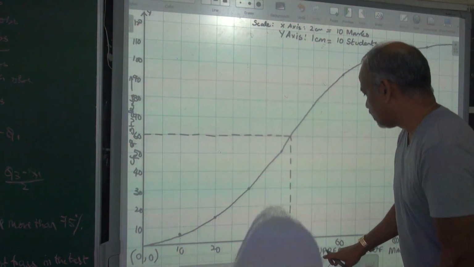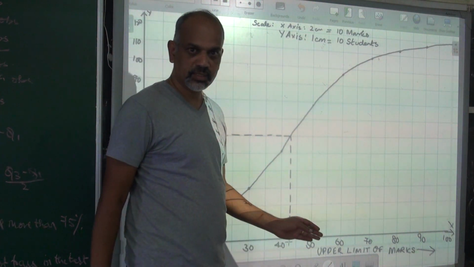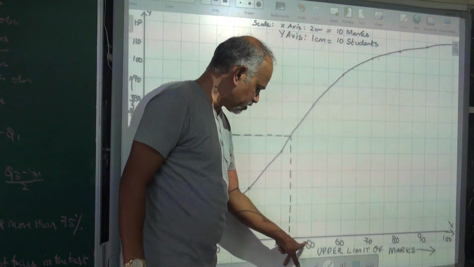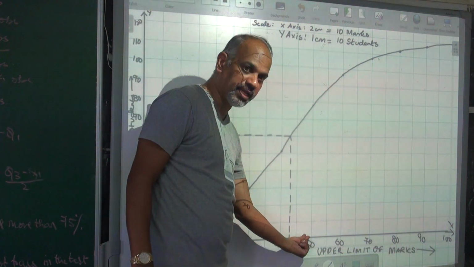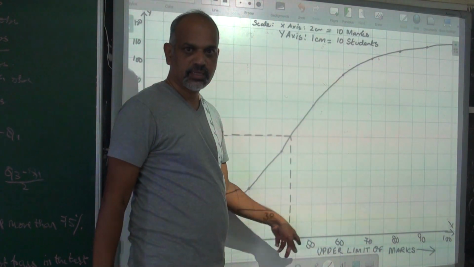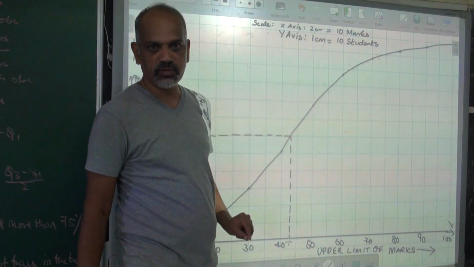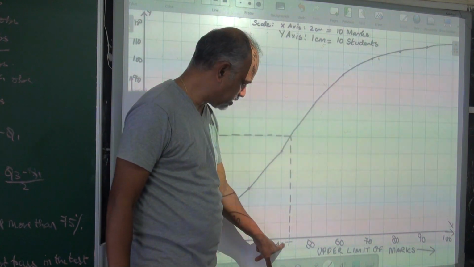As I told you previously in the histogram, this is how you have to read it. First find the difference between 50 and 40, count how many small divisions there are in your graph, and divide this difference by that. That will give you each division's value. Then you start counting from here and see what value you get.